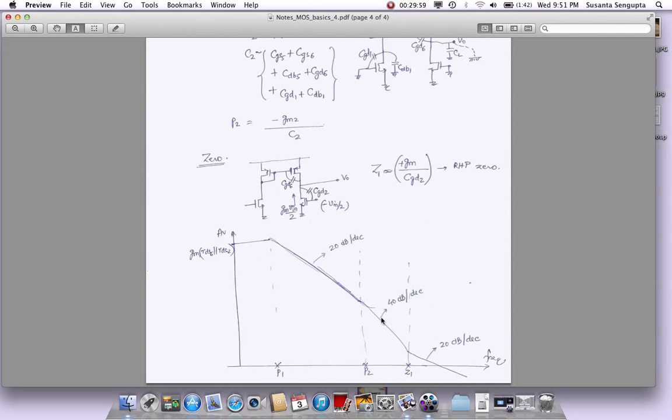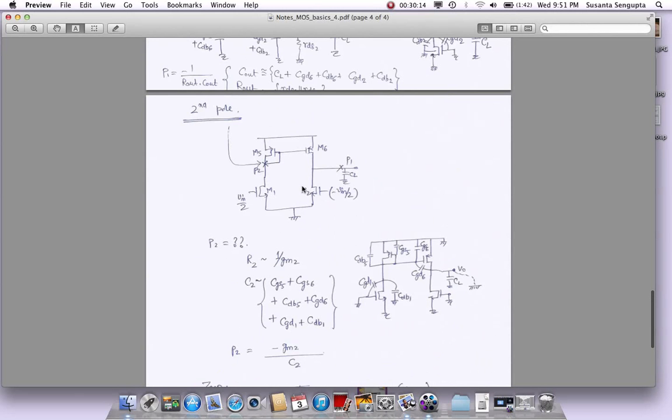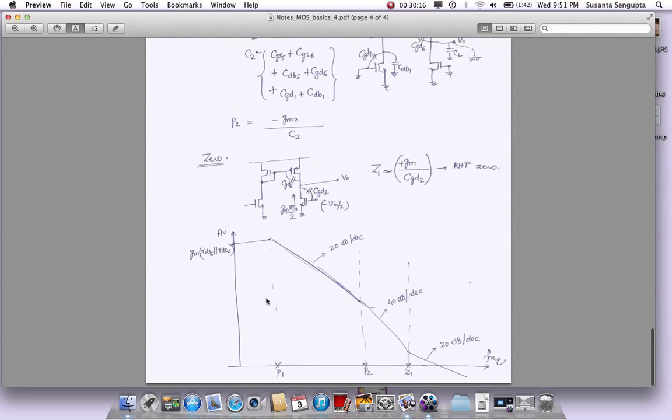By up it means it moves up the slope. So if it was minus 40 dBs per decade here, now it becomes minus 20 dBs per decade, and this becomes the Bode plot of the voltage gain, or this is how the voltage gain for this amplifier will change over frequency based on whatever these pole and zero locations are.